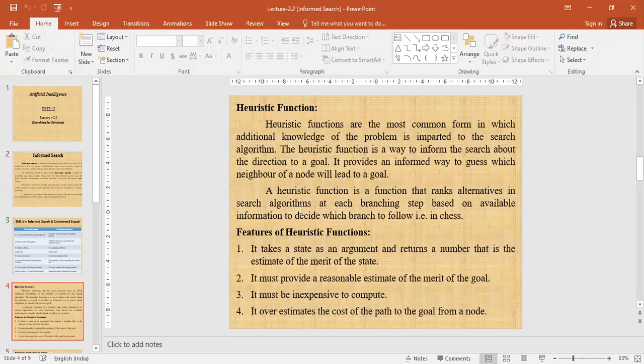Now, heuristic function. Heuristic functions are the most common form in which additional knowledge of the problem is imparted to the search algorithm. The heuristic function is a way to inform the search about the direction to a goal. It provides an informed way to guess which neighbor of a node will lead to a goal.